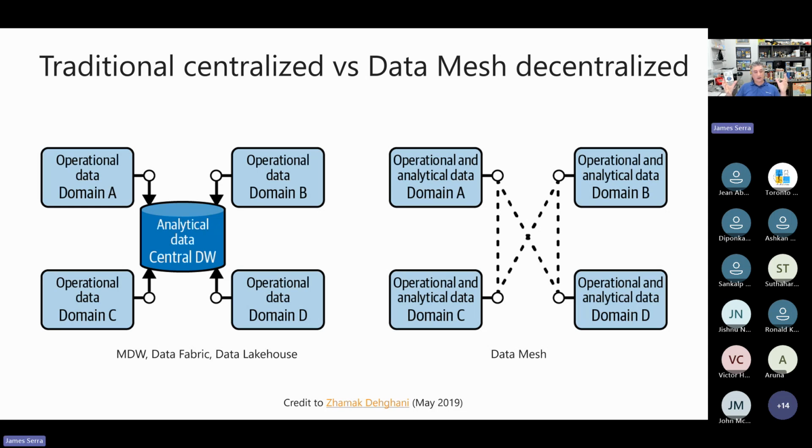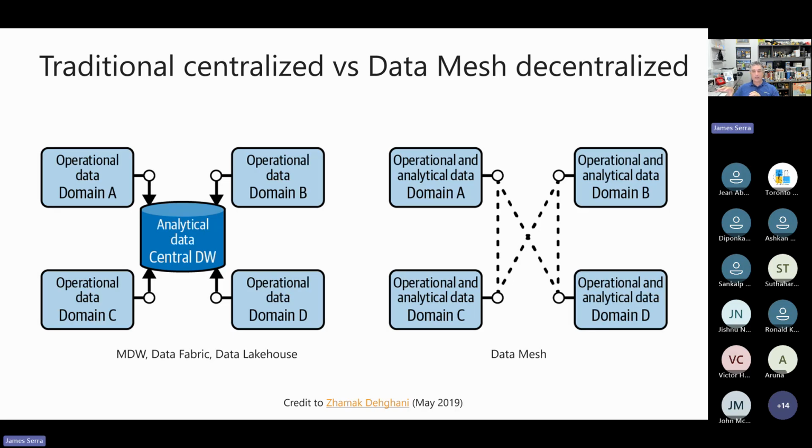The three architectures I talked about, they all combined the data in a centralized location. So took operational data, copied it into a central data warehouse or a Delta Lake, and created the analytical data there. A data mesh is decentralized, meaning there is no copying the operational data into a central location.